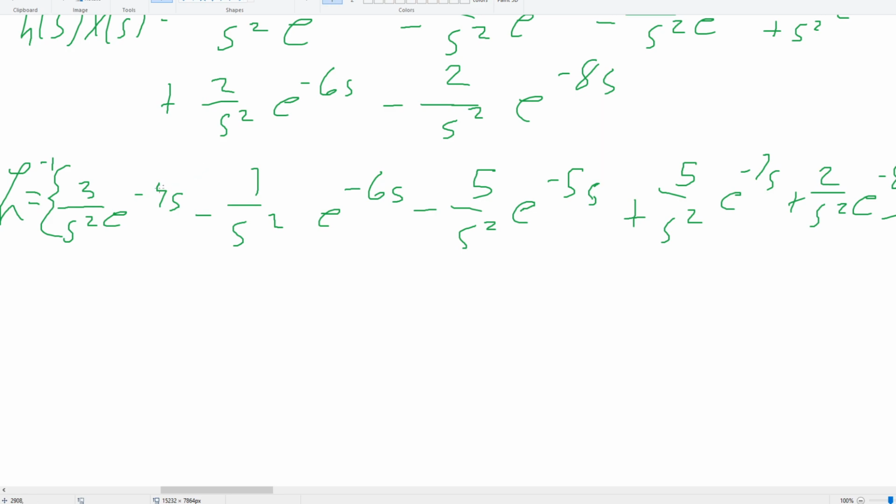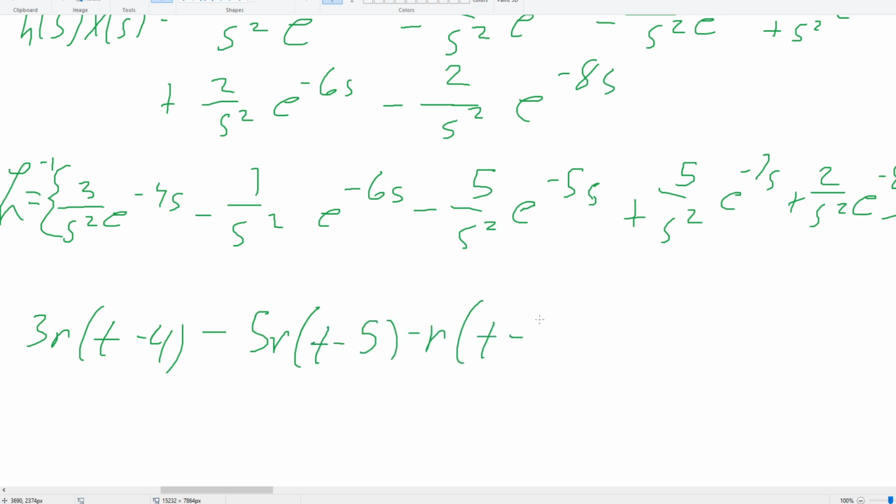Luckily these are all s squared, so they're all going to be ramp functions. So it's going to be 3r(t minus 4). If you do this, the s squared becomes the r, the 3 goes on the outside, and this is at t minus 4, so you could also do this the other way around. 5r(t minus 5) minus r(t minus 6) plus 5r(t minus 7) minus 2r(t minus 8).